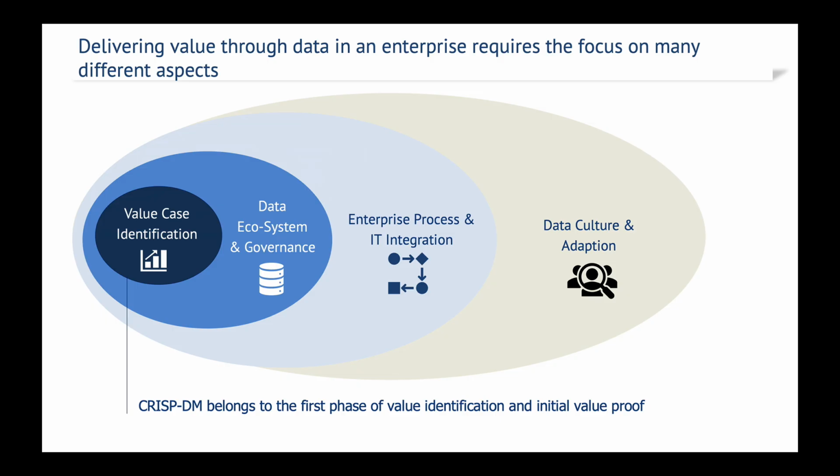Think about this: if we are building a new machine learning model, we have to integrate this kind of model somehow into the processes and also into the existing IT. So the enterprise process and IT integration is where most of the machine learning projects stop in industry, because deploying this kind of application is really a challenge, and it's a new endeavor for many industries.